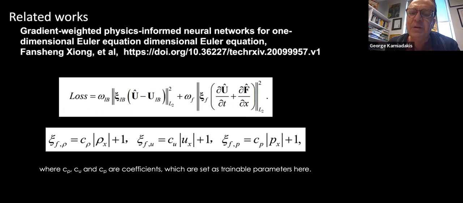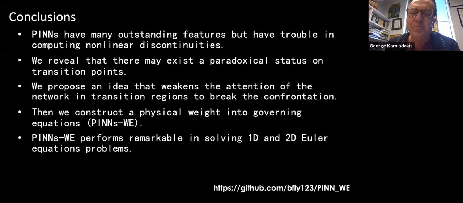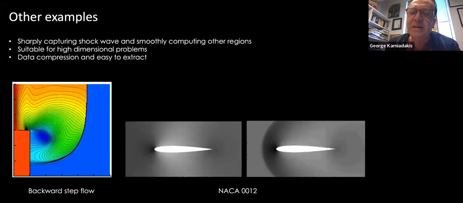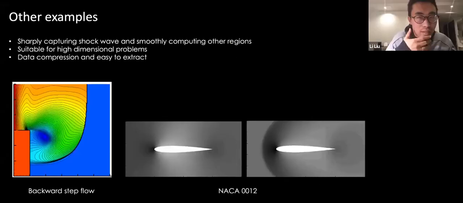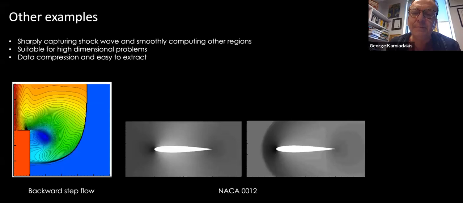In the beginning, when we introduce lambda as a weight, it depends on the divergence of u. For each state, we only use one lambda in this work. But for the Euler equations, what do you use for u? Do you use the velocity?